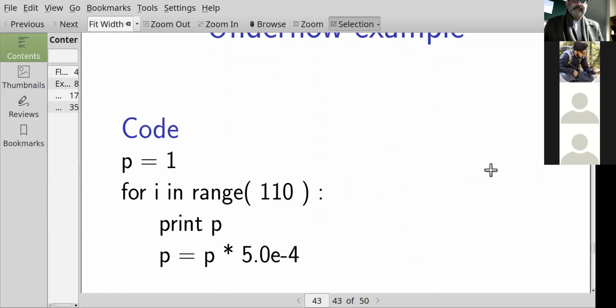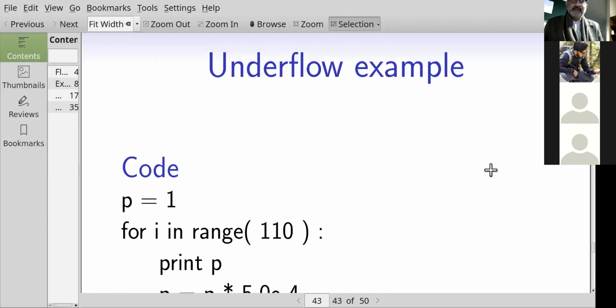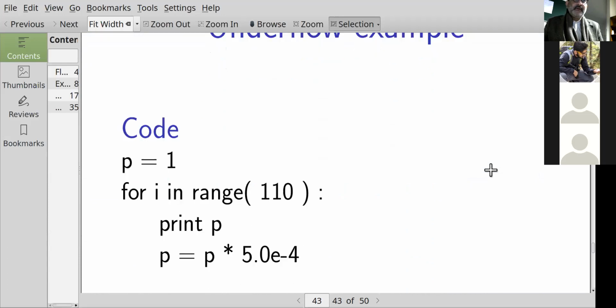Okay, let's try. I'll give you an example with an underflow. So this is what the code looks like. P is equal to 1. For I in the range of 110, so I takes values from 1 to 110.